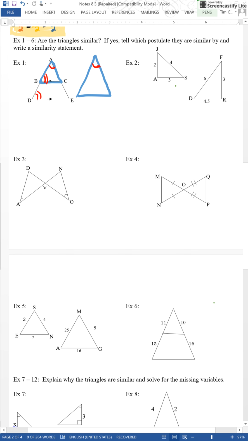The other one is also, but I just need two angles. So I would say that this is yes. These triangles are similar by angle similarity. And I would write my similarity statement saying triangle ABC is similar to triangle ADE.